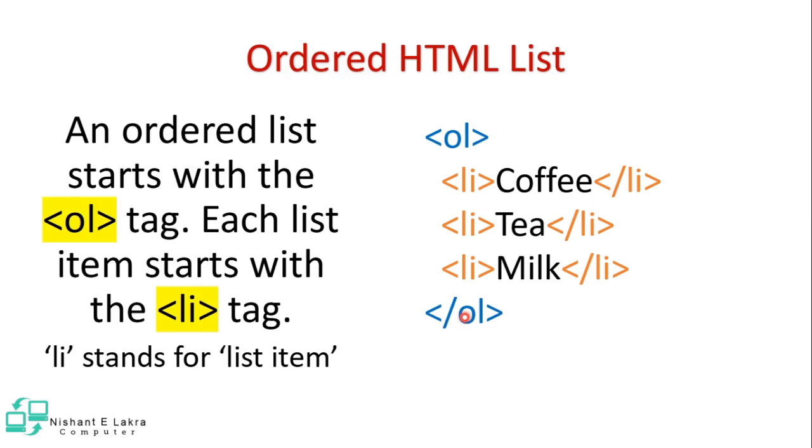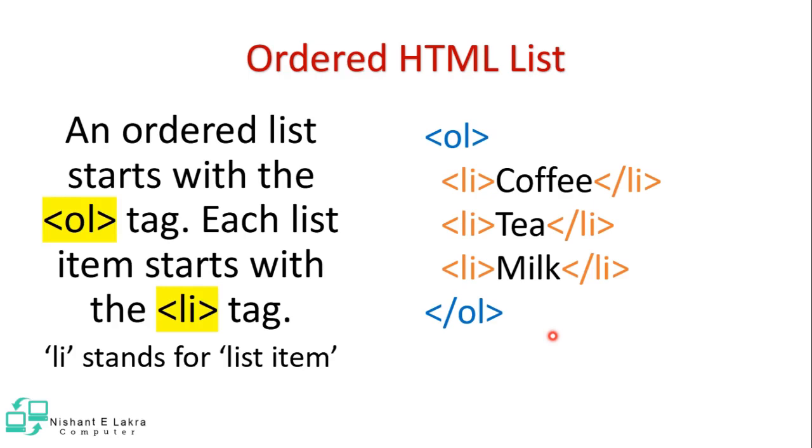Now first of all let me tell you, we can type this in Notepad. It is a free application that you can download. After you have typed it in Notepad, you have to save it.